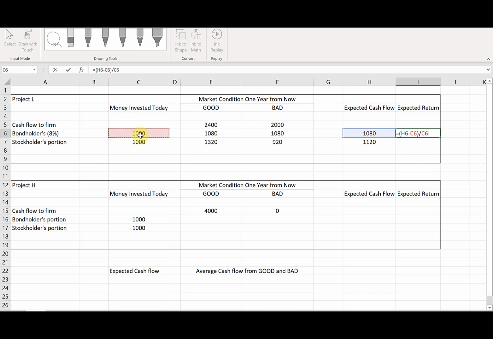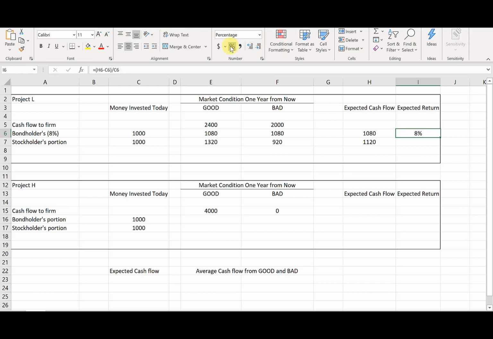So if you want to do this outside Excel, what you're seeing is the bondholders invested 1,000. They're expecting a cash flow of 1,080. So that means the additional cash flow in excess of their initial investment is 80. So 80 divided by 1,000. So that's the 8% return.